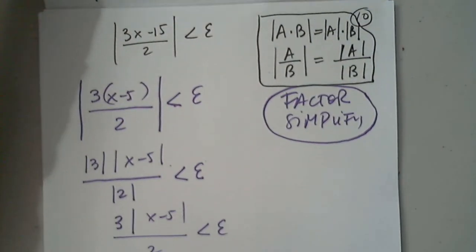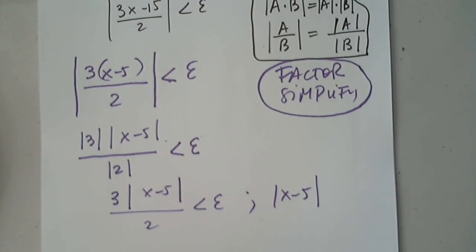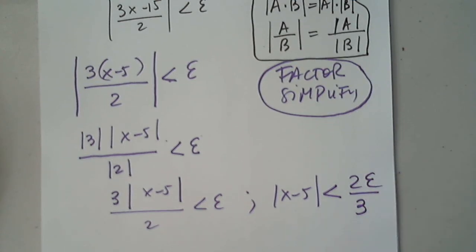Okay, so what do I have to do to both sides to simply keep just x minus 5 on the left? Multiply by 2/3. Excellent.